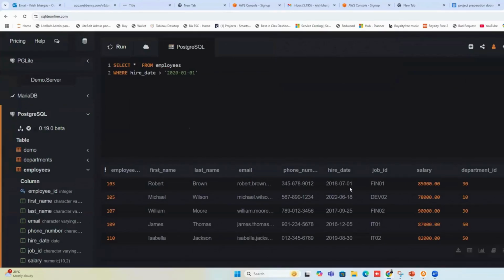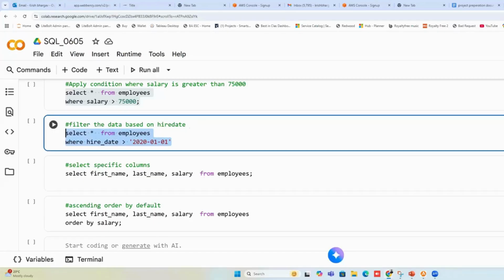That's fine. All right. Now you see 2020-01-01 and I have filtered the date column. Now when you're filtering a date column, you put it in quotes like that. Even though it is date format, you put it in quotes like that. You got it? Easy peasy.